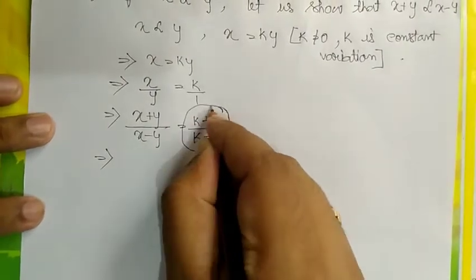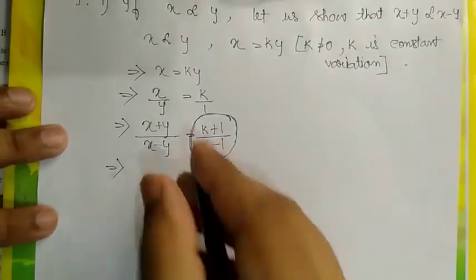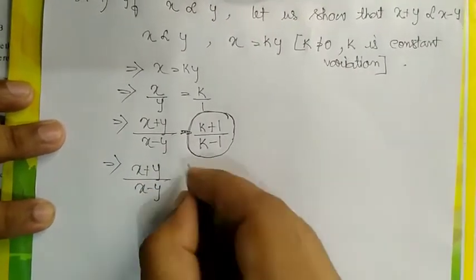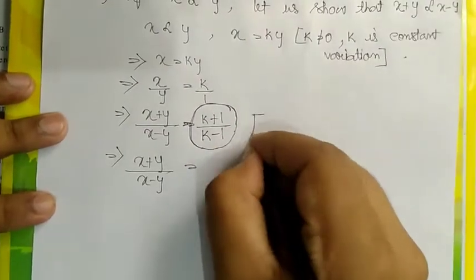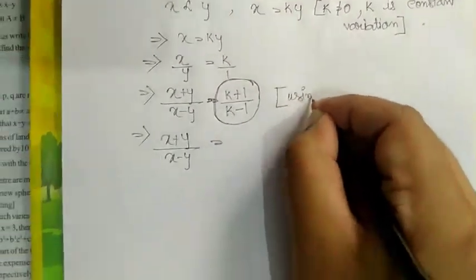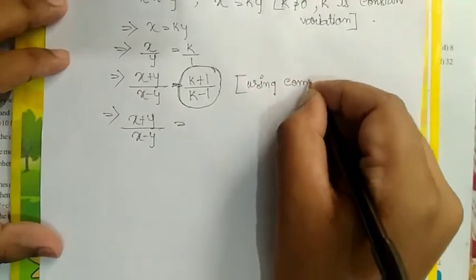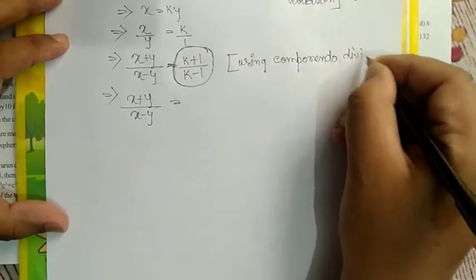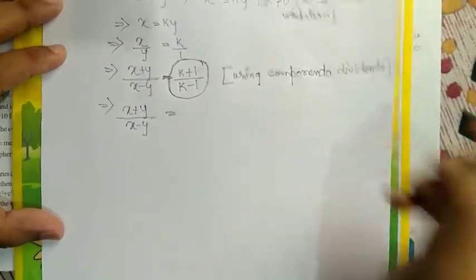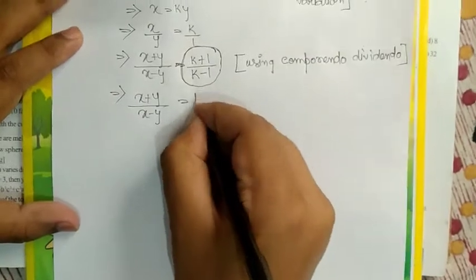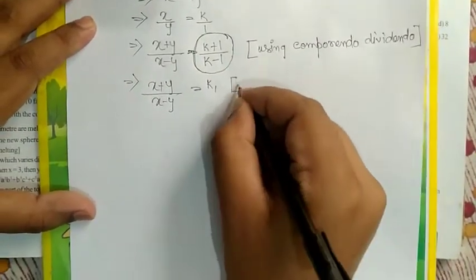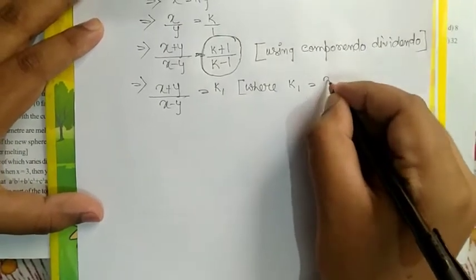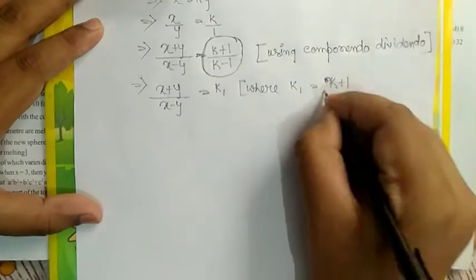This is a constant term, so we can denote it by k1, where k1 equal to k plus 1 by k minus 1.